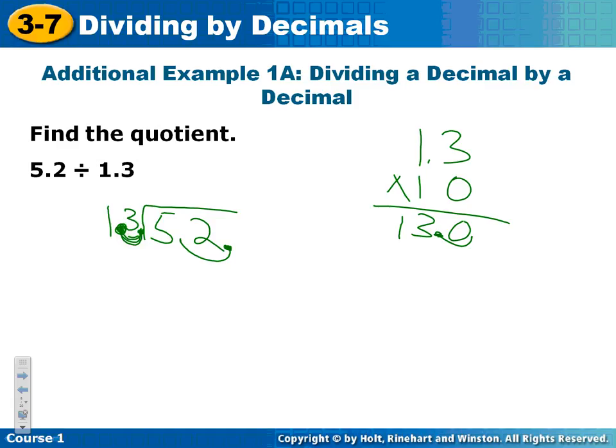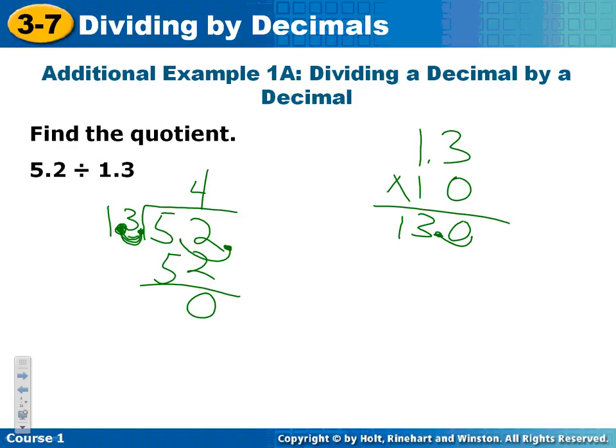So now our new problem, and we did the same thing. We moved this over and made it 52. What is 52 divided by 13? 4 on the dot. There's your answer. Just like that, 4.